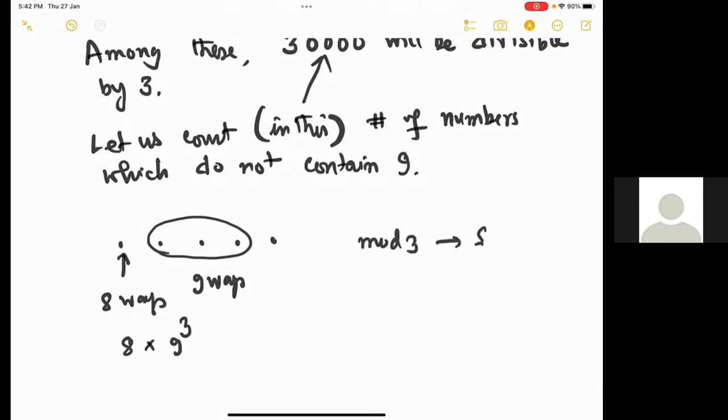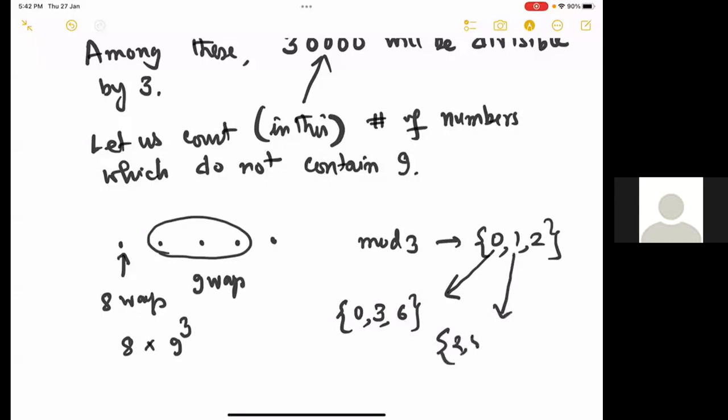We can get either 0, 1 or 2, right? Now when you get 0, since the sum has to be divisible by 3, your allowed last digits will be 0, 3, 6, because 9 is not allowed, right? When you have 1, your allowed digits will be 2, 5, 8. When you have 2, 2 plus 1 is 3, so it will be 1, 4, 7.